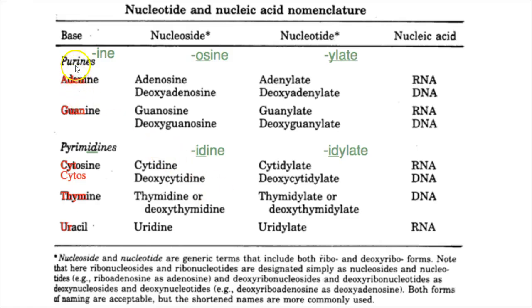And then here is some more naming nomenclature. When you have just the base, for purines you have the -ine ending, so adenine, guanine, and when you go into pyrimidine, you can still have the ending of -ine right here, but the only one that's different is the uracil.